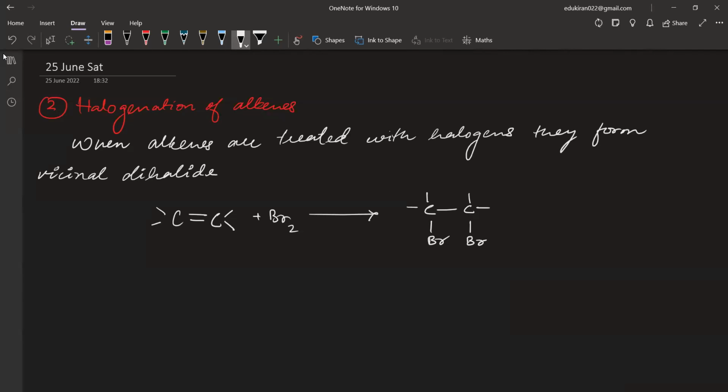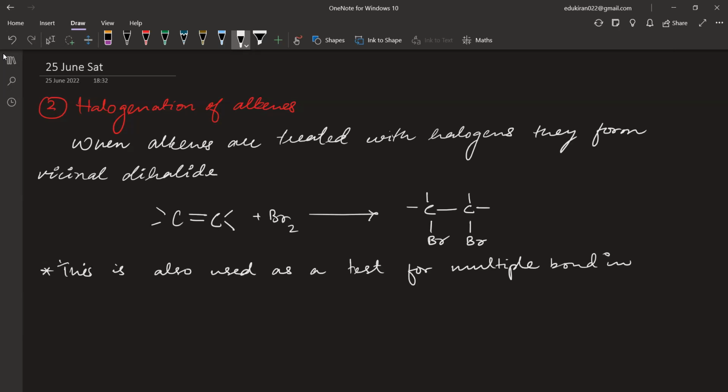Vicinity means in neighborhood. Also, write one more point: this is also used as a test for multiple bond in hydrocarbon.